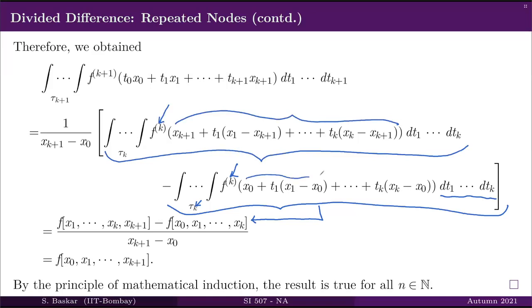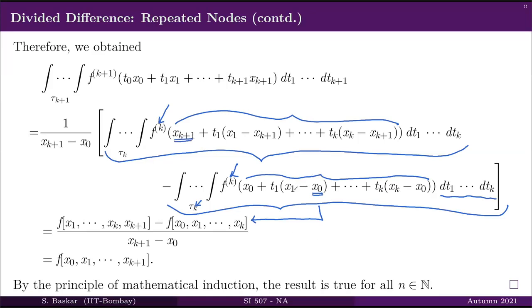If you have this, it's very clear that we will write x0, x1 up to xk as the nodes, but we have a different argument here. But you can clearly see that x0 here is replaced by xk plus 1, right?